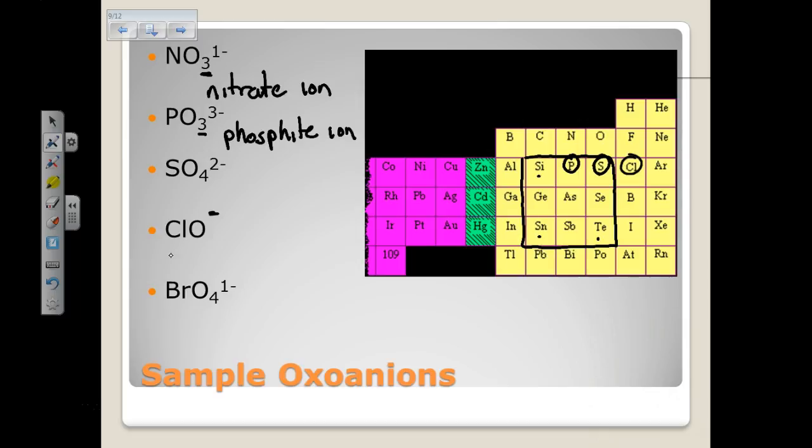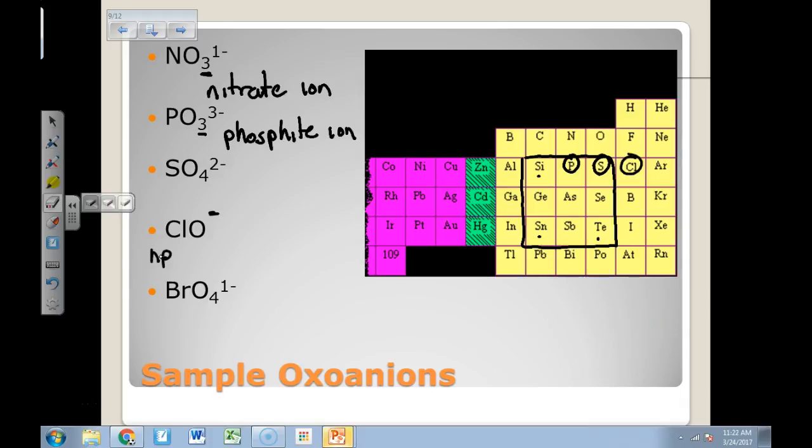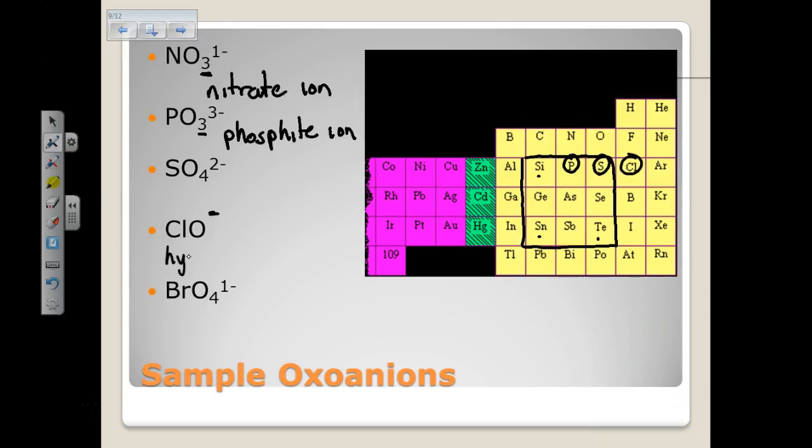So this is going to have the hypo prefix. Hypo, meaning way fewer oxygens, and it's going to be hypochlorite ion.